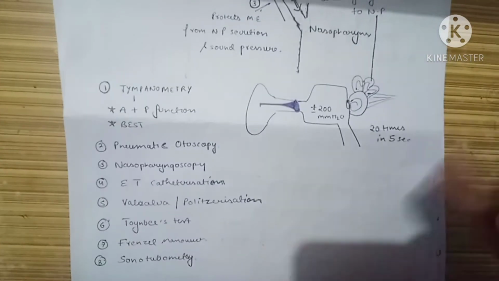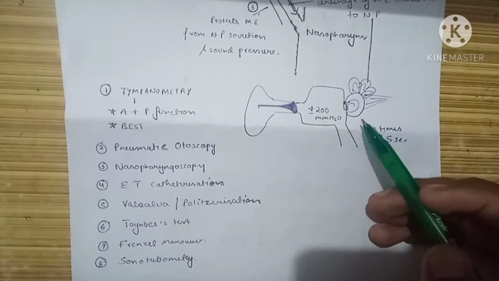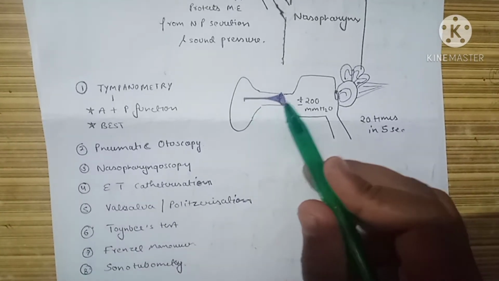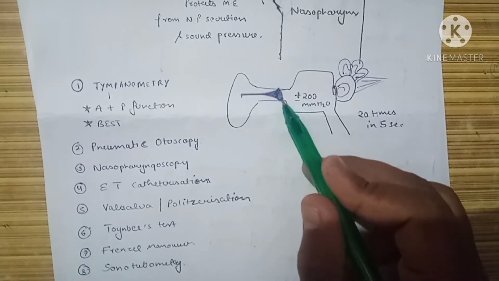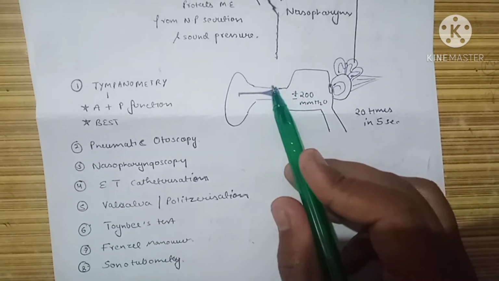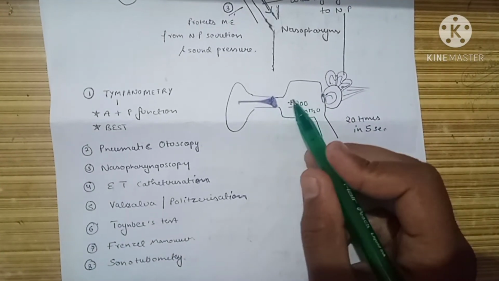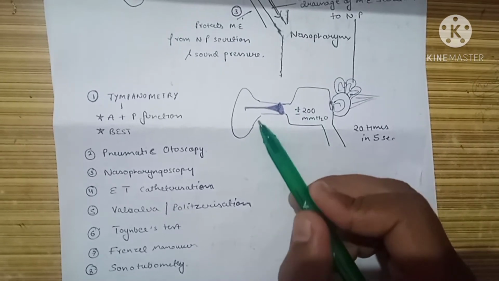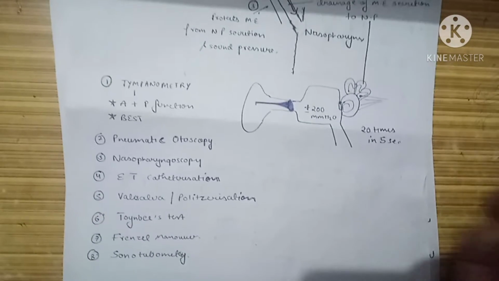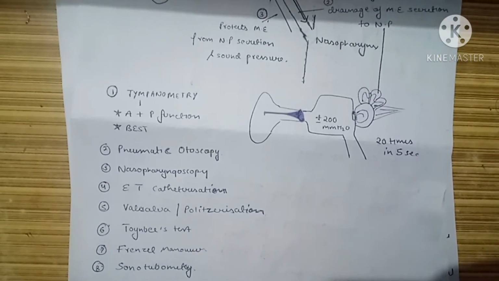We know that tympanometry is used to diagnose conditions of the middle ear where the tympanic membrane is intact and we have found a conductive hearing loss. So here we insert a probe that closes the opening of the middle ear towards the external ear. So this is completely fixed, no air is getting inside. Now with the help of this probe we create a pressure of plus 200 to minus 200, either of them, millimeter of water.